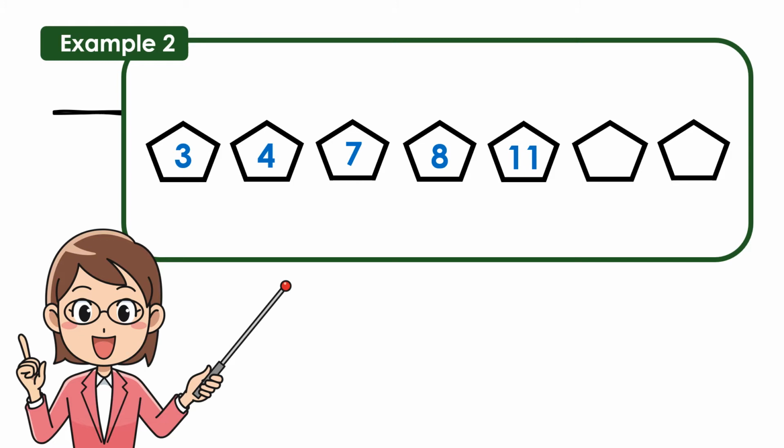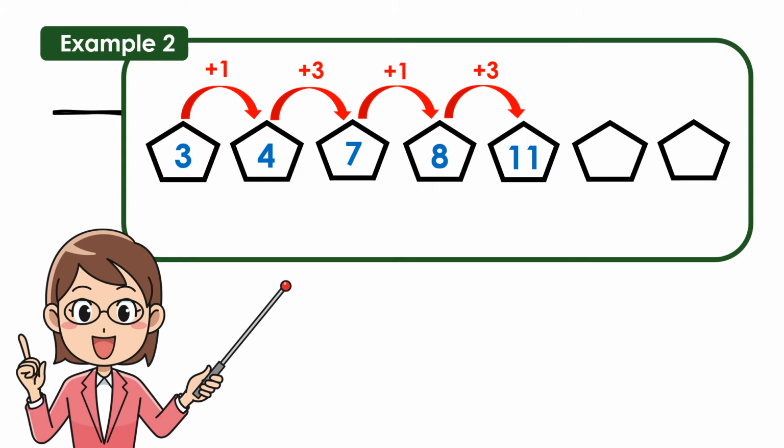Observe that if we add 1 to the first term, we get 4. If we add 3 to the second term, we get 7. Now if we add 1 to the third term, we get 8. Now if we add 3 to the fourth term, we get 11.